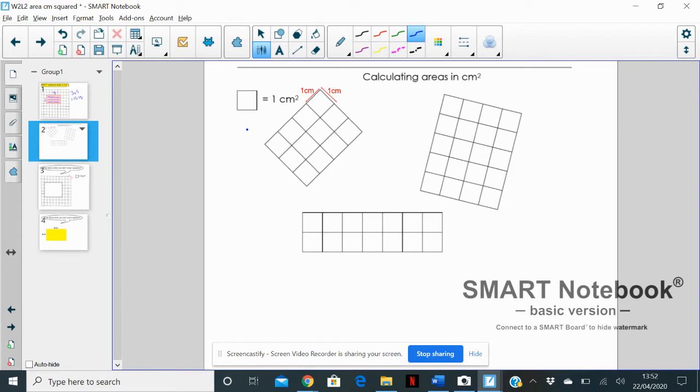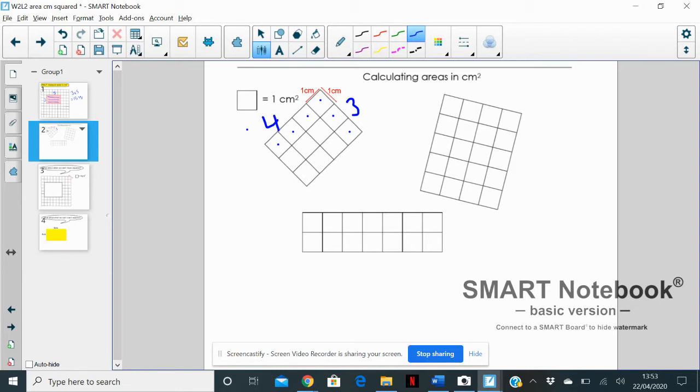So I know that each square is worth 1 centimetre squared. I can see that it's got 1, 2, 3 of those centimetres squared going down its width, and it's got 1, 2, 3, 4 of the centimetres squared going along its length.